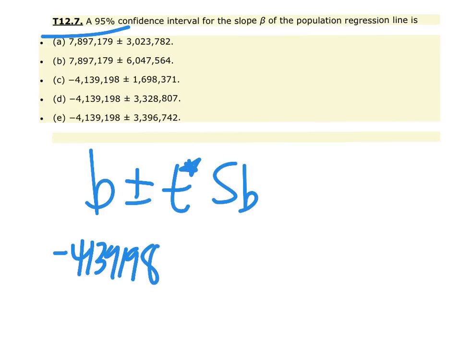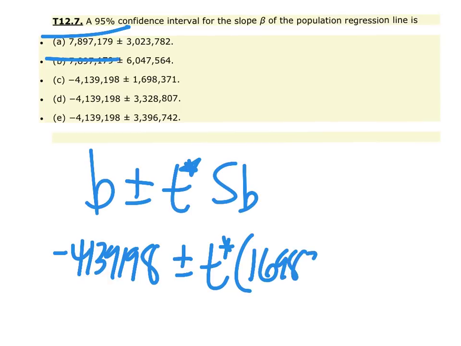So from that, we can cross off A and B automatically. Now it's going to be plus or minus, and we're going to have to find that critical value. The standard error of the slope, it looks like on the output, is 1698371. So it comes down to finding the critical value. C is out because they ignored the t critical value.